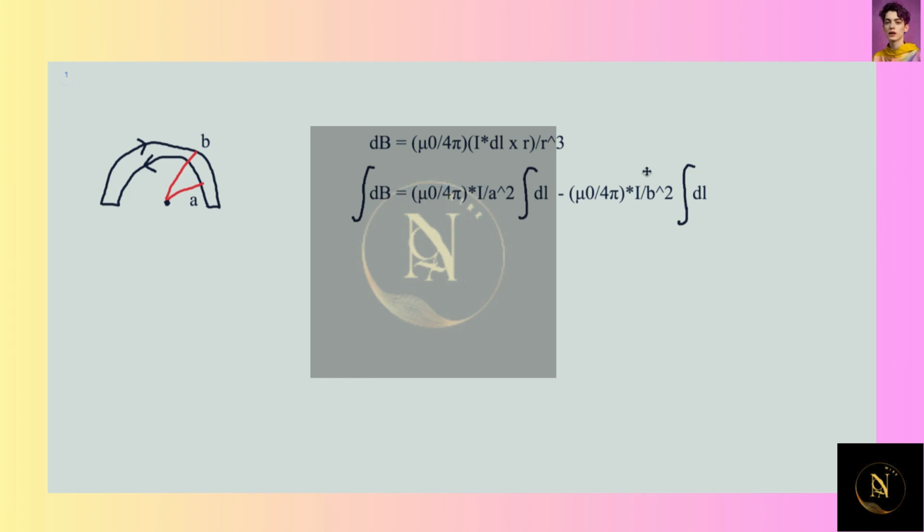And then when we integrate dl, for this case, it's just going to be the whole circumference of the circle that we're going around, which would be 2 pi times a. So half of that is just going to be pi times a. And similarly, the integral over here is just going to be pi times b. That's going to be the length of this outer semicircle.